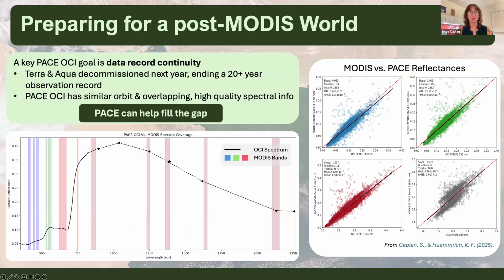So now that we've heard a little about the products themselves, I'd like to touch on why I think OCI is such a good candidate for bridging that multispectral-hyperspectral gap that I think is going to hit us all a little harder in the coming year or so without Terra and Aqua. MODIS and VIIRS both make great observations of Earth and have for some time. Part of the original rationale for having PACE terrestrial products was to ensure a continuation of effort, so these data sets can be used, for example, in time series analysis, even after they're no longer up in space.